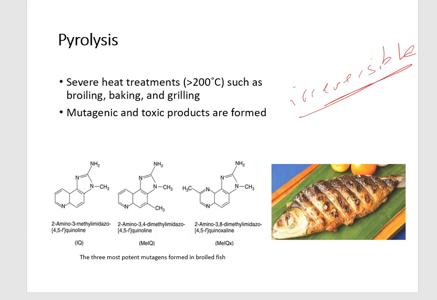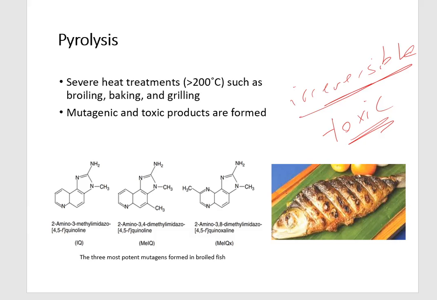And some of these reactions result in formation of modified amino acid types, which are potentially toxic. So toxic byproducts are produced at high processing temperatures.